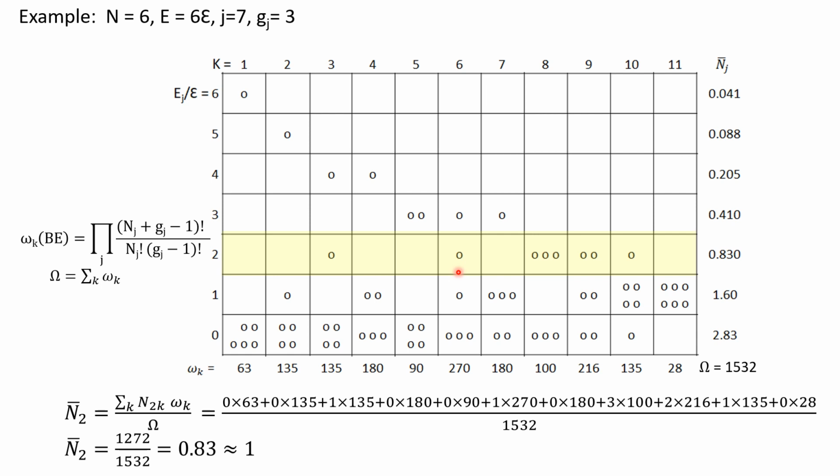This slight difference is because we have considered a very small number of particles, 6. If we consider a larger number of particles, the difference will become very, very small. So this is all about the thermodynamic probability using the Bose-Einstein statistics.